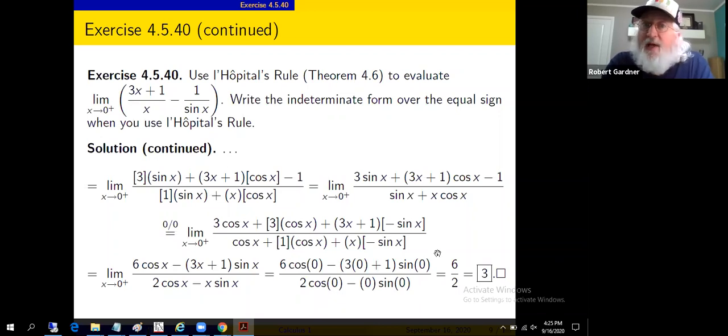Who really justifies this? Well, the quotient rule of limits from way back when in early chapter 2, and the fact that these are all continuous functions justify the substitution, and nothing goes wrong. You don't get division by 0 like you would have if you tried this earlier. So we get 6 times cosine of 0 is 1, sine of 0 is 0, so both of those are gone. Yeah, we get 6 over 2, and that limit is 3.